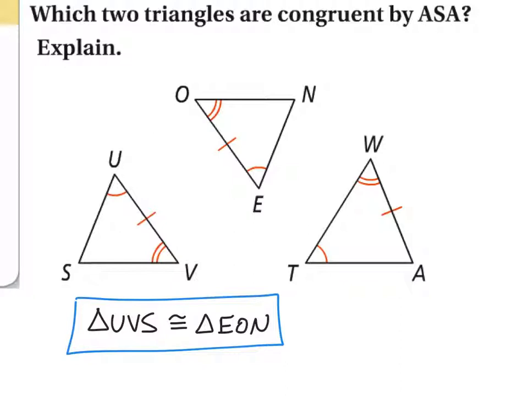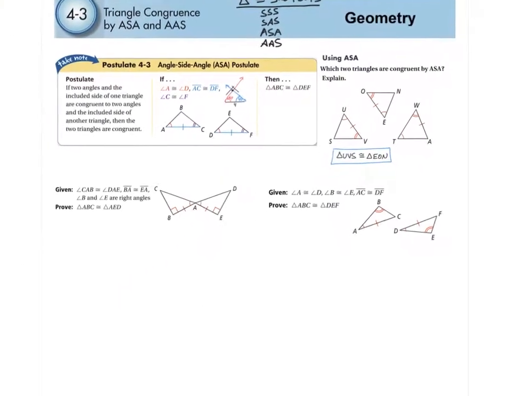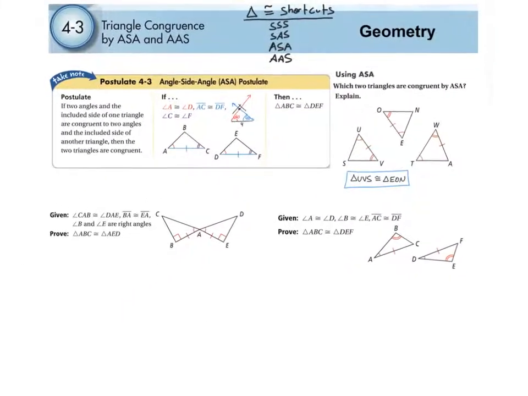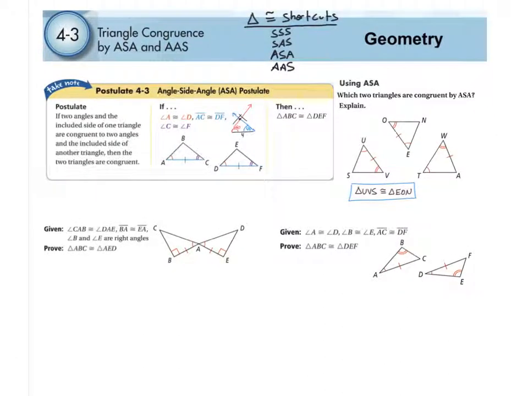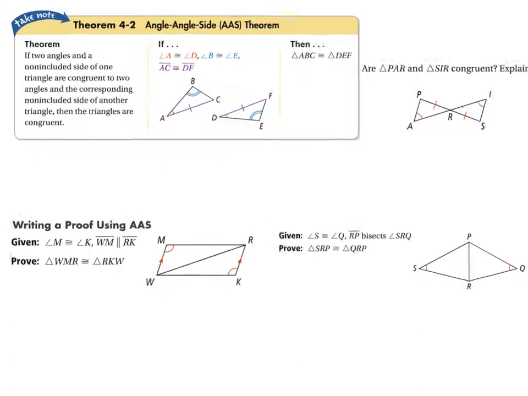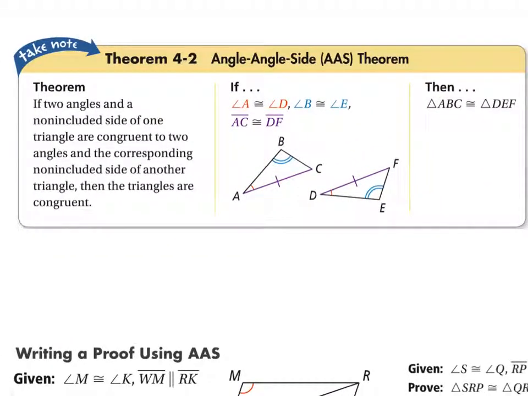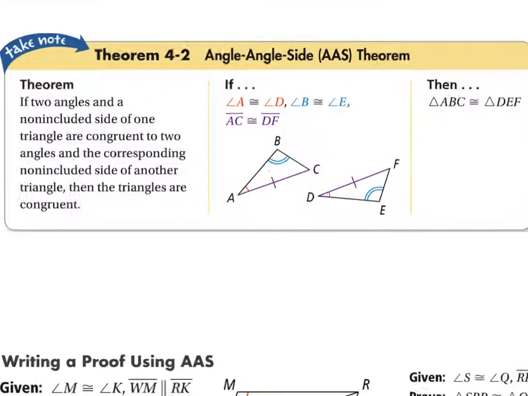None? Let's go ahead and take a look at the other theorem then, because we have some proofs here we can work on, but let's make sure we know our theorems first before we talk about our proofs. So, taking a look at the next theorem we have. This one is angle, angle, side.